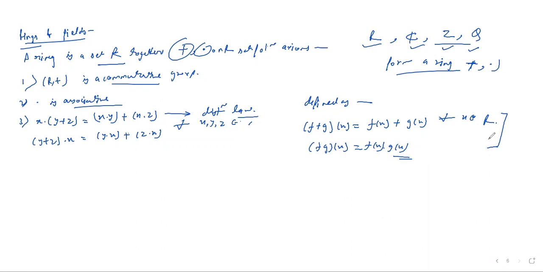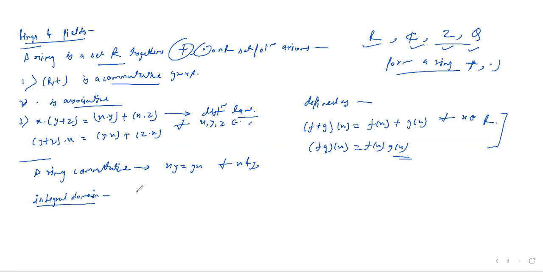Now a ring is commutative when xy equals yx for all x and y. And a ring is said to be an integral domain when, first, the ring is commutative.